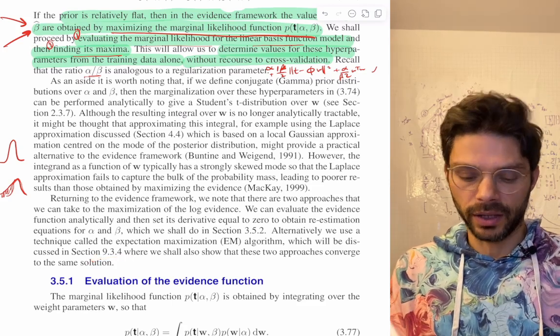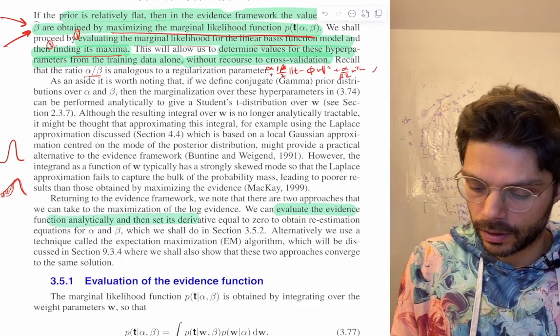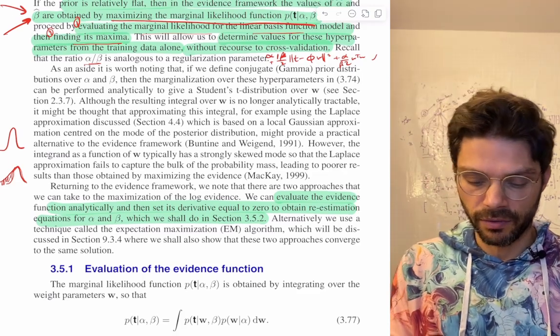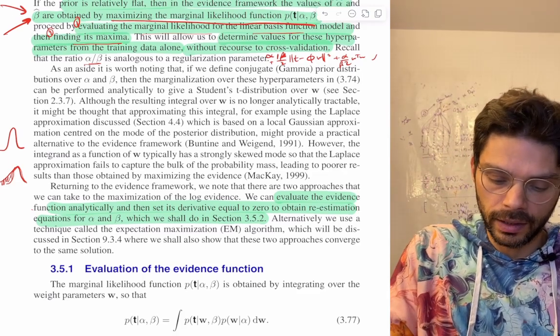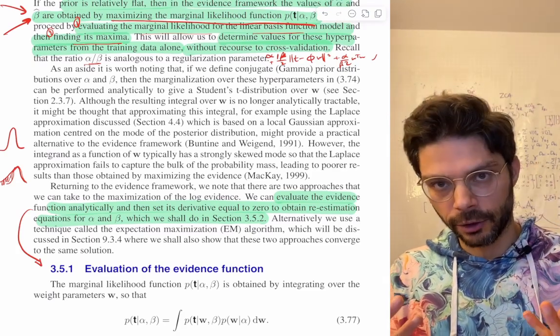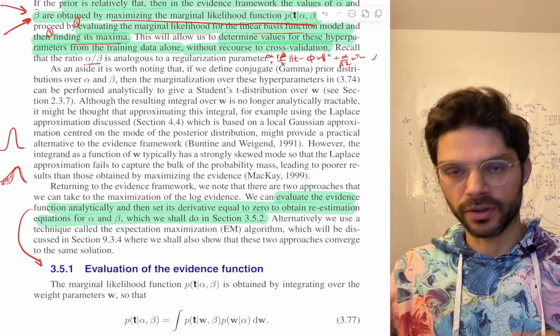So in the very next section we'll just be evaluating the evidence function and then maximizing it. But there are other approaches.